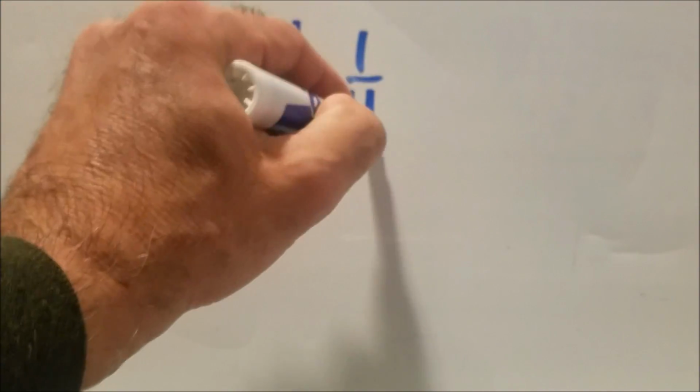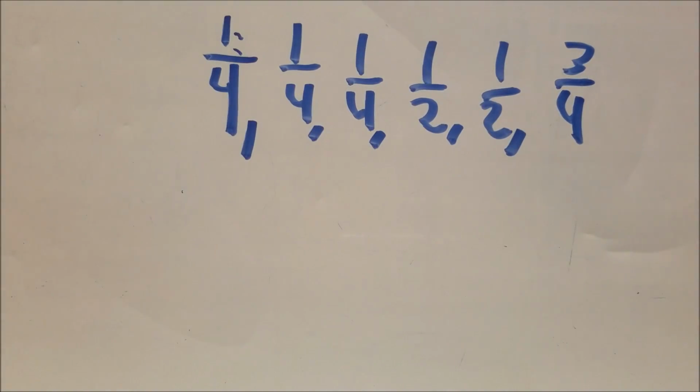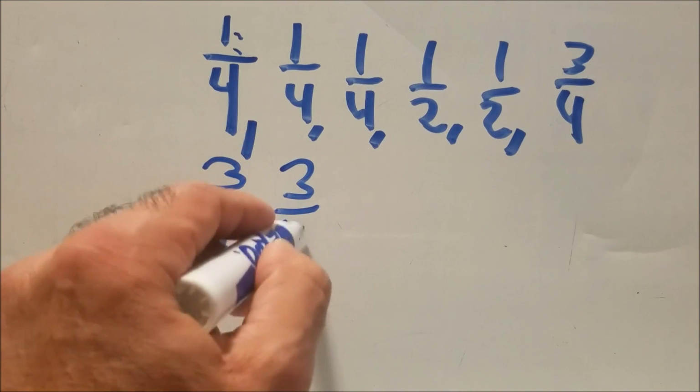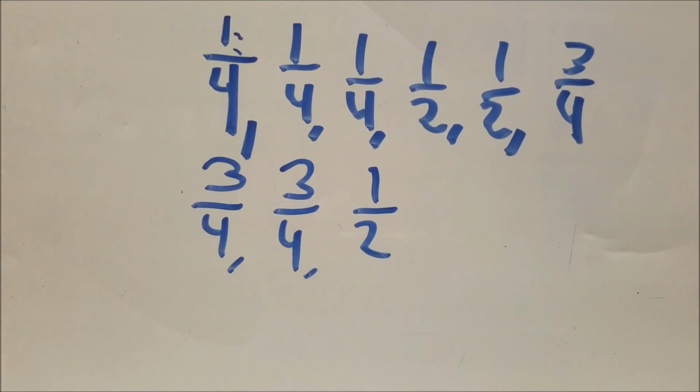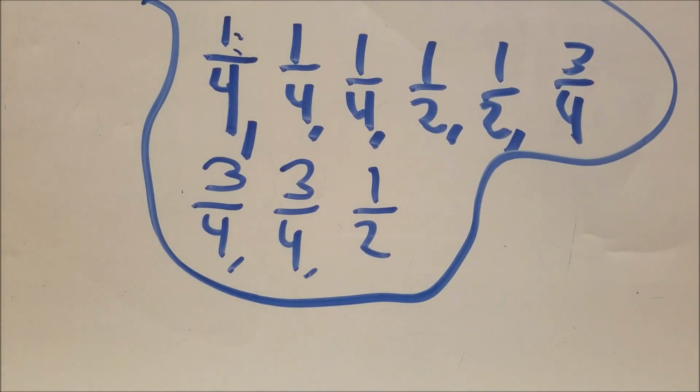Once they found 1/2 an inch of rain. Then maybe they found 3/4 of an inch of rain. And then another 3/4, then another 3/4, then maybe another 1/2. So these are the measurements they came up with. Fractions.